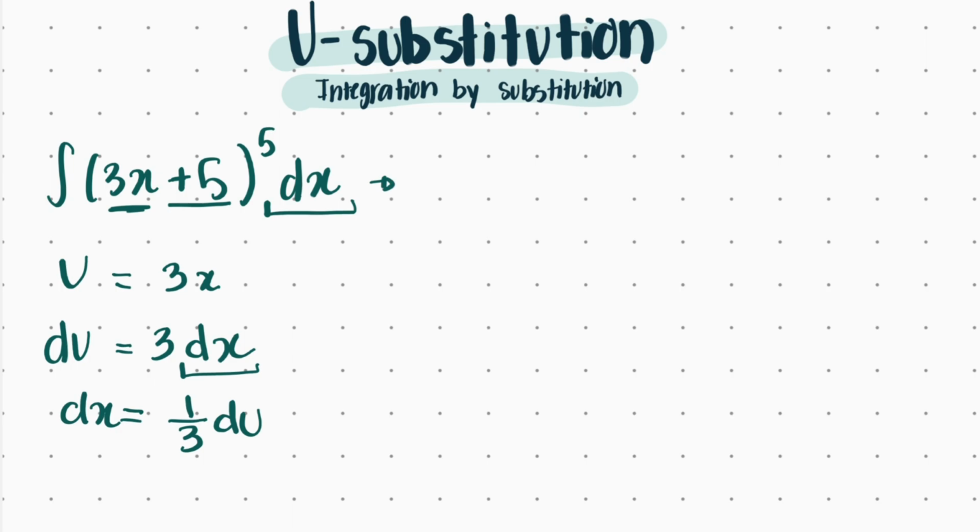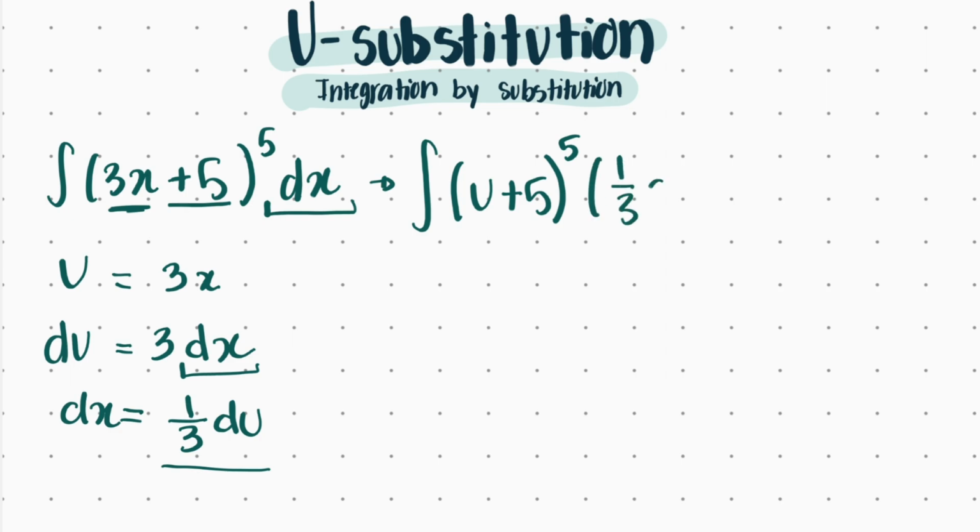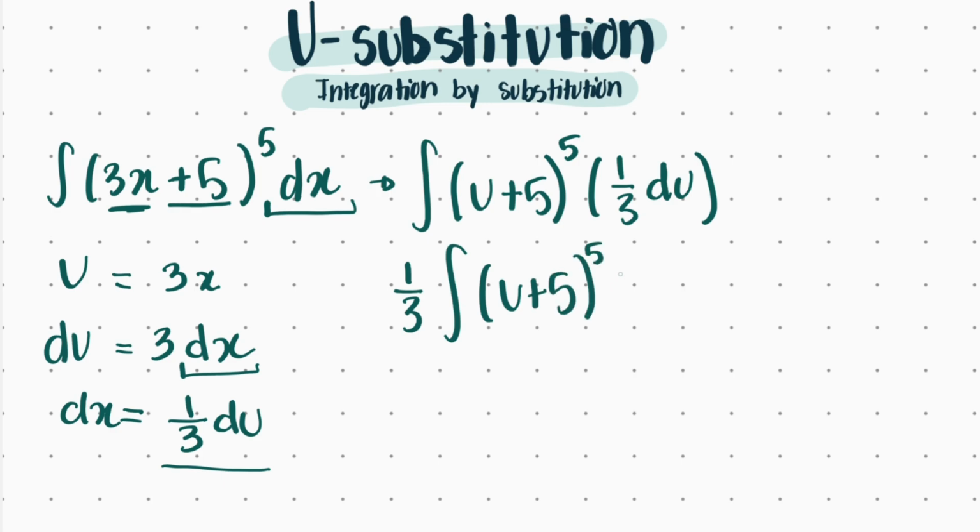So we get the integration of u plus 5 to the power of 5, and I'm going to replace this dx with 1/3 du. We can take the 1/3 out because it is a constant, so that gives us 1/3 times the integration of (u + 5)^5 du.